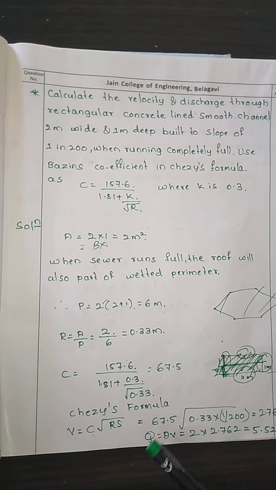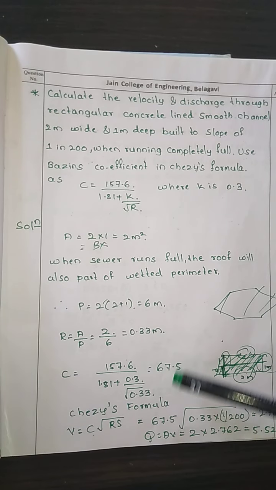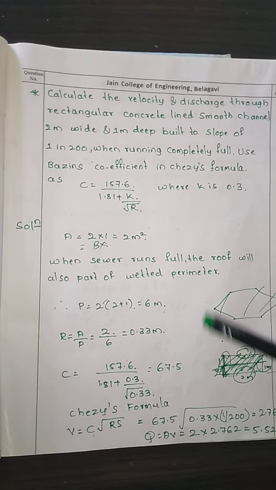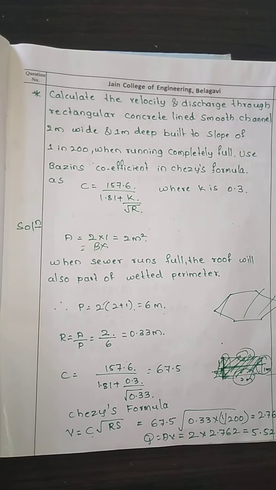So v is equal to 67.5 into square root of r, that is the hydraulic mean depth, which we have got as 0.33, and the slope, it has been given as 1 in 200. So velocity v we have got as 2.762 meter per second. Now q is equal to av.